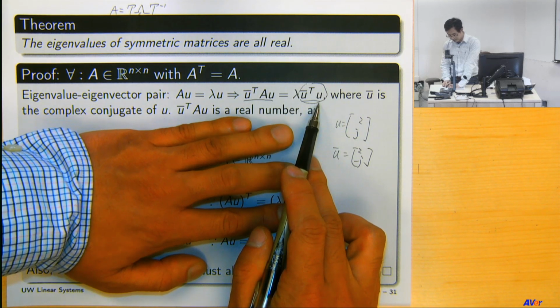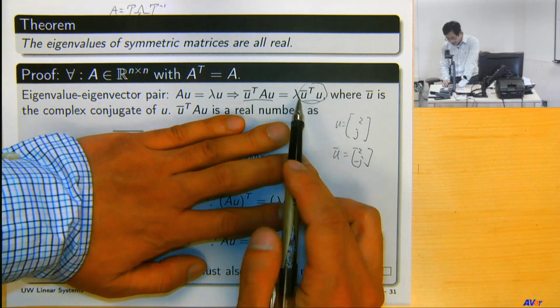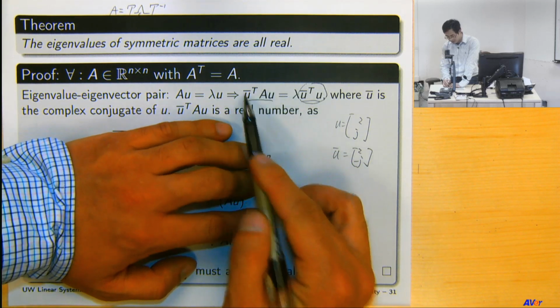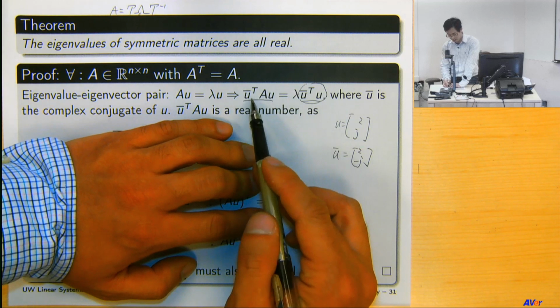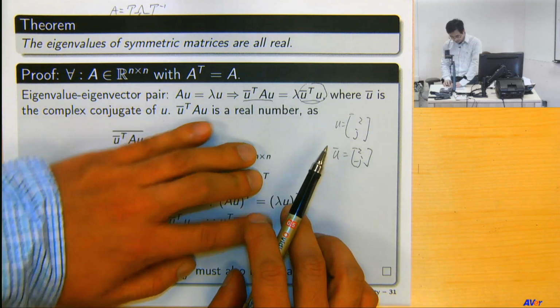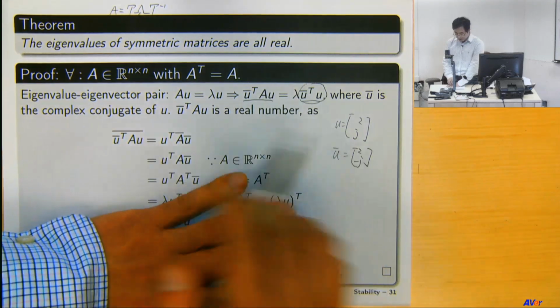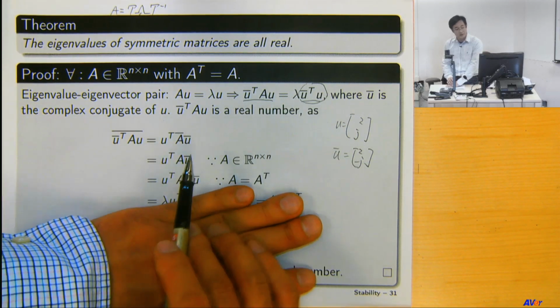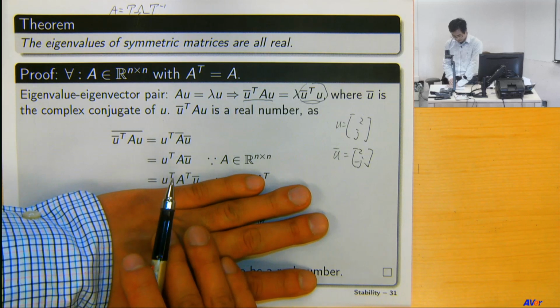All right? Then in that case, if I want to figure out whether lambda is real or complex, I just need to take a look at whether this is a complex or a real number. Indeed, this is a real number, as can be shown in a few steps.